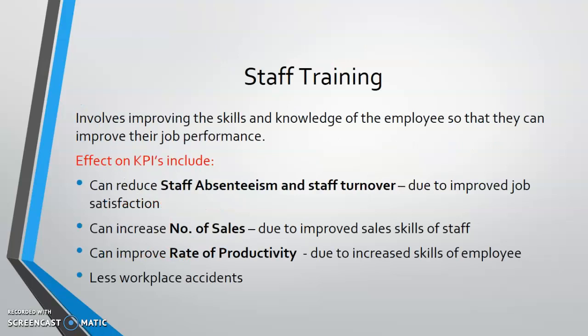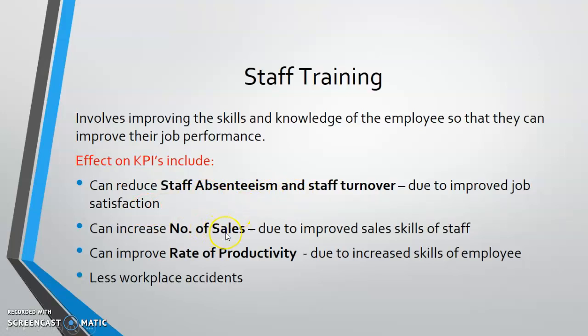Now, staff training. So this is the first strategy. It involves improving the skills and knowledge of the employee so that they can improve their job performance. So always training the staff is a very good idea to improve the KPIs. The KPIs that are related to staff training are the staff absenteeism and turnover. When the staff is trained properly, they will have improved job satisfaction, so it is going to reduce the staff absenteeism and staff turnover.